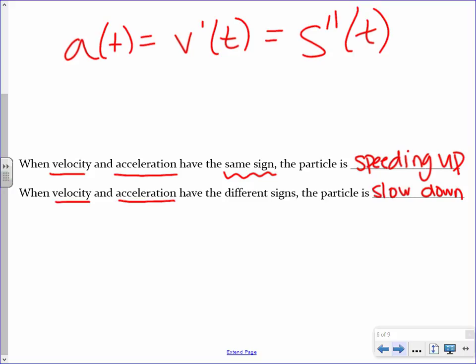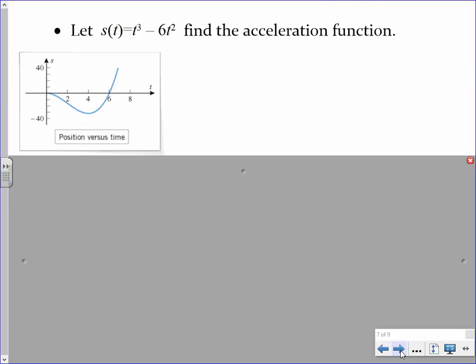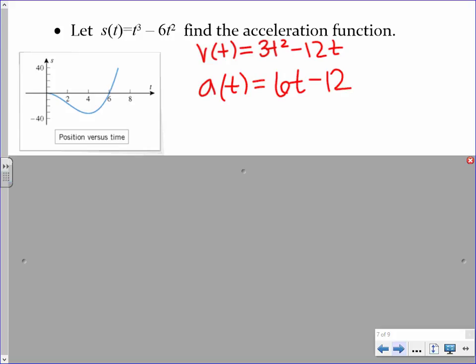Okay, let's go back to our original position function. Logan told us that our velocity function was 3t squared minus 12t. Sammy, what would our acceleration function be? 6t minus 12 would be our acceleration function.